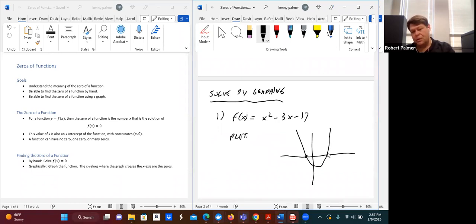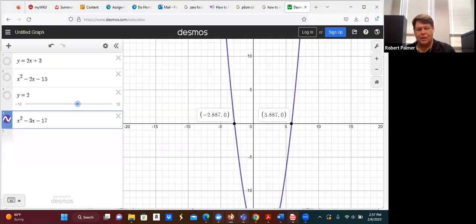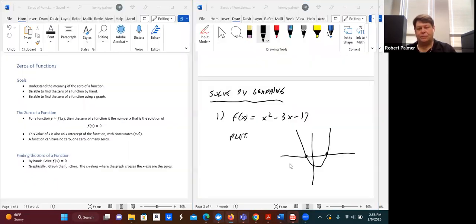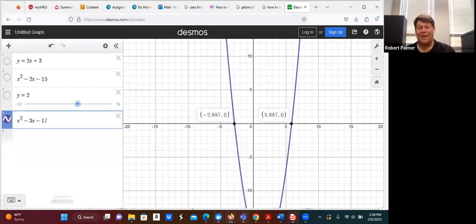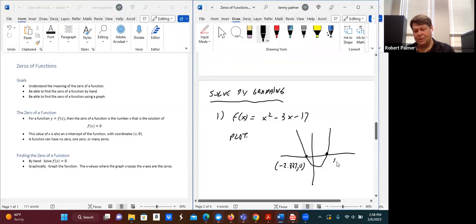So our intercepts are negative 2.887, 0, and the other one, the positive one, is 5.887, 0. So then our zeros are approximate values.